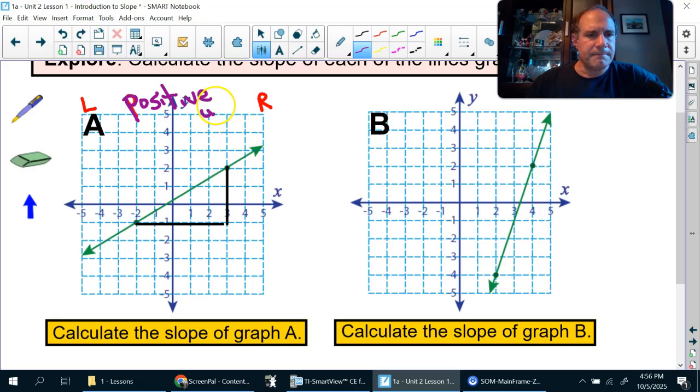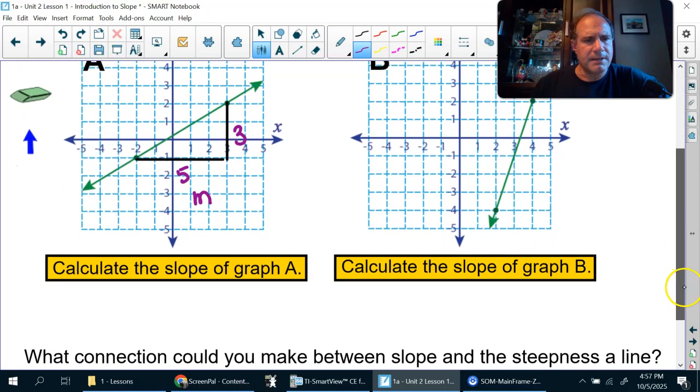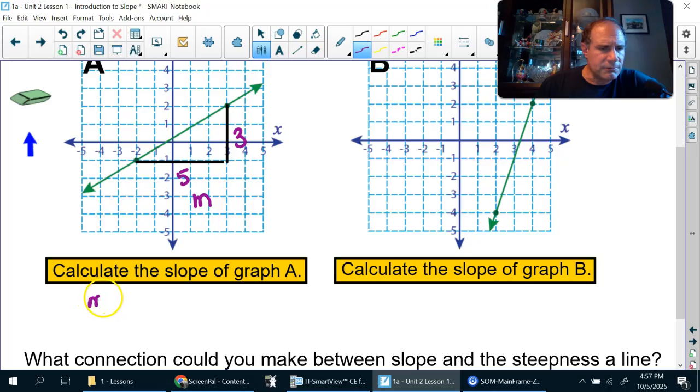I'm going to go 1, 2, 3, 4, 5. So this is 5. And then up 1, 2, 3. So it's rise over run. Do I have something on the bottom? I could put it here. M equals rise over run. M equals, the 3 is the rise, the run is the 5.